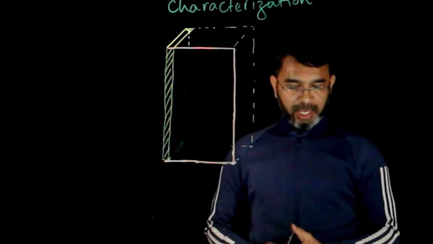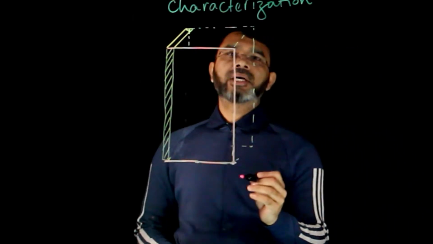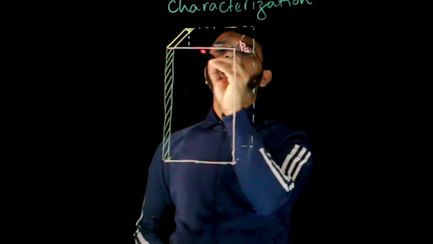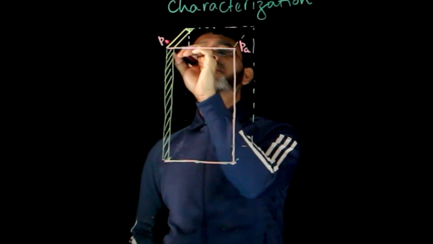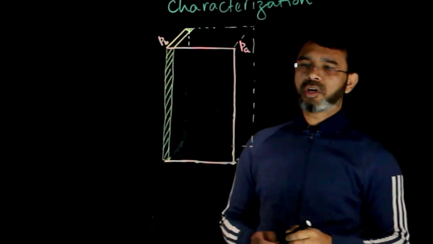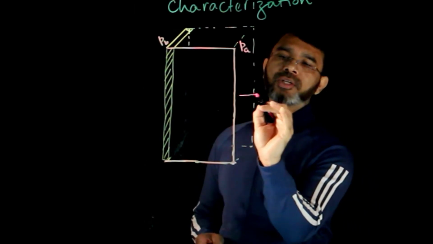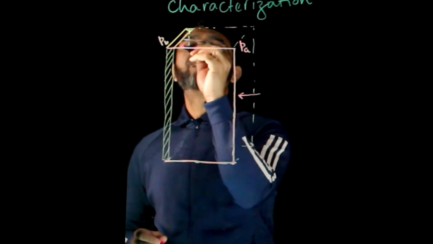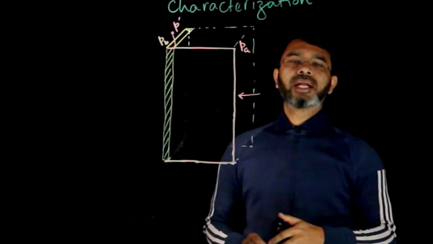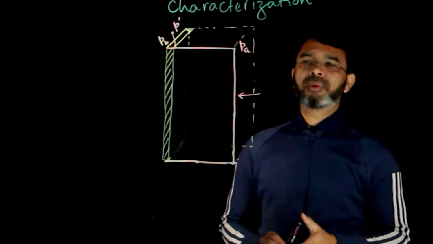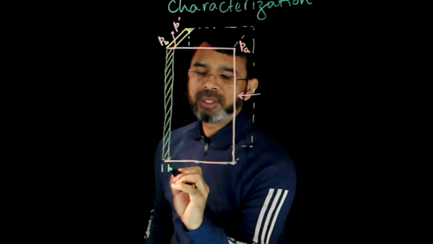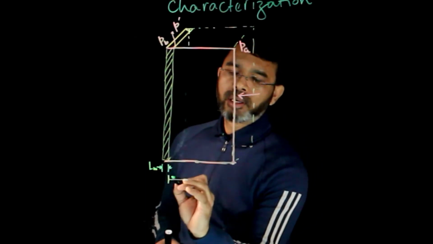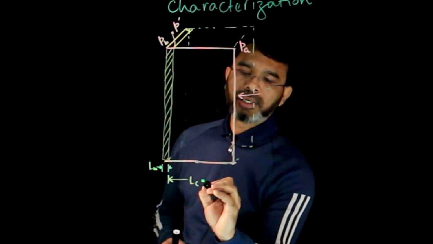Just to give you some notation, the pressure here is PA, and the pressure here is PB, meaning the total pressure drop, where the material is flowing from this direction, will be PA minus PB. At the boundary of the cake and the medium, the pressure is represented as P prime. We take the thickness of the medium to be Lm and the thickness of the cake to be Lc.